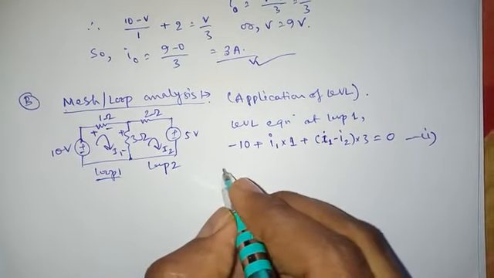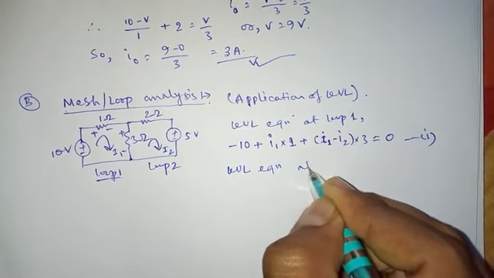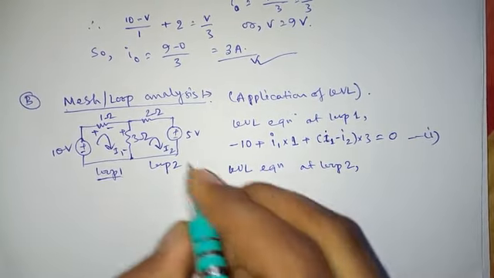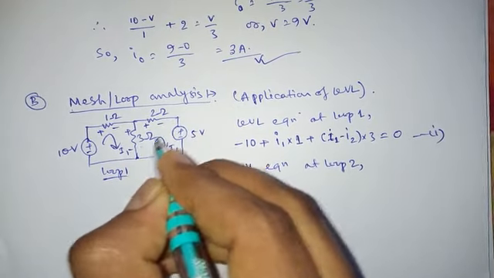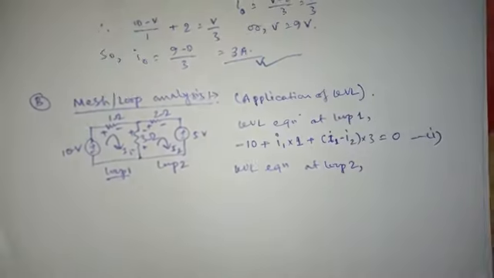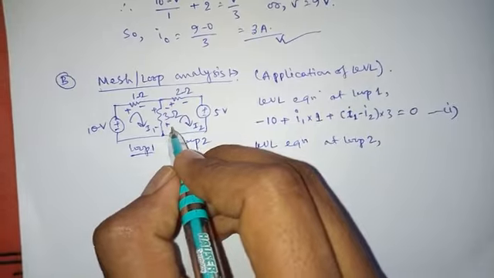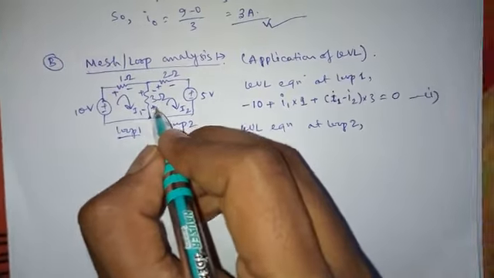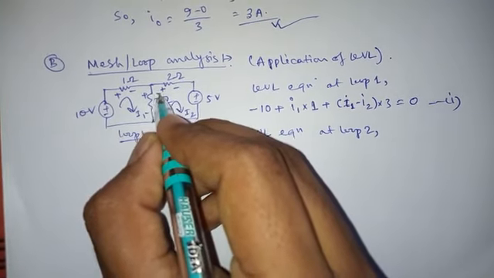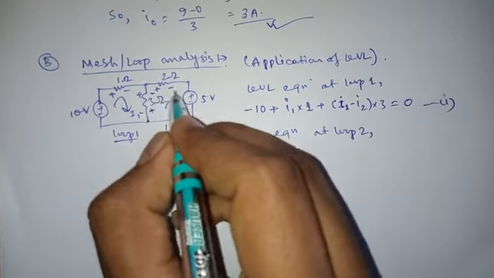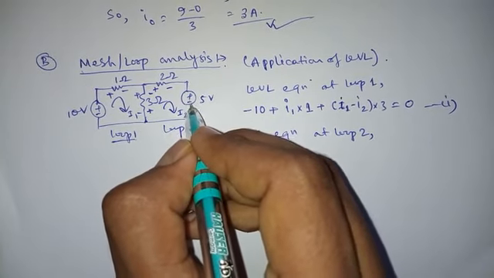And from loop 2, the KVL equation will be as follows. Here I have given some denotation as per the current direction, plus and minus. Here we have seen that the current is entering the resistance through the plus sign and leaving through the minus sign, and entering the source through the plus sign and leaving through the minus sign.